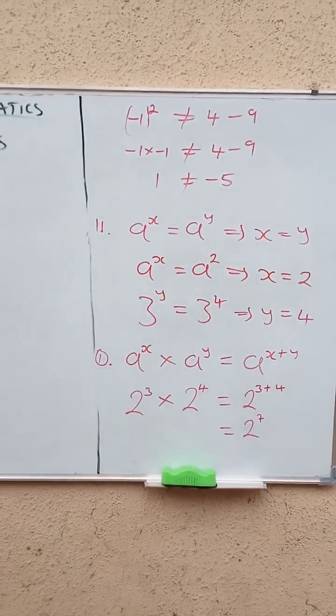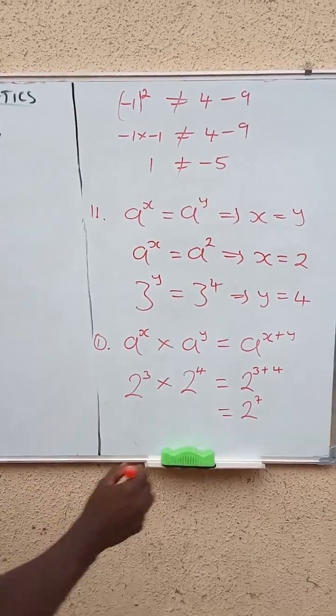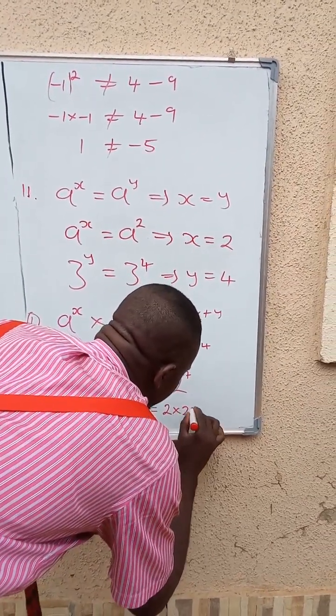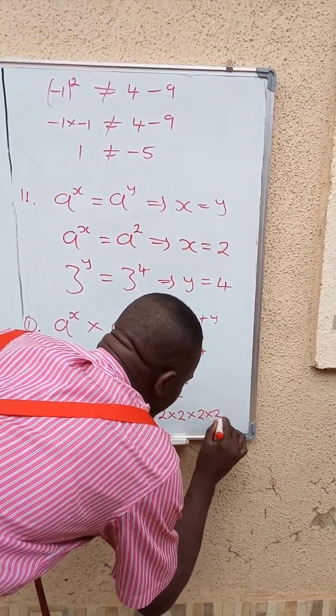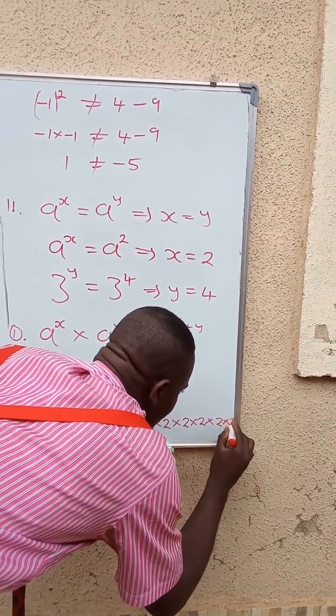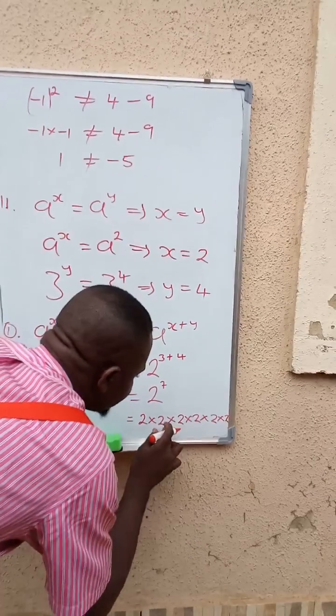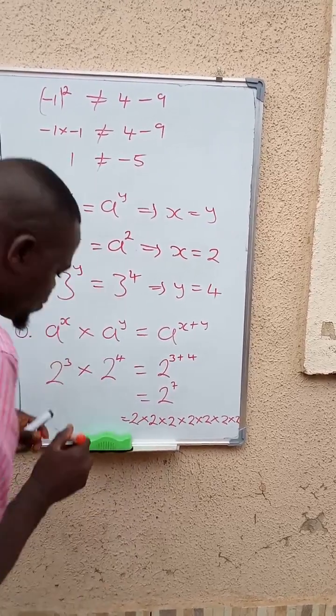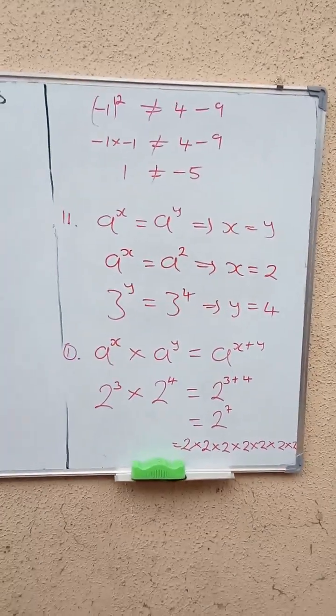So do that and get your answer. Same thing as 2 times 2 times 2 times 2, times 2 times 2 times 2. That is 2 in 7 places.